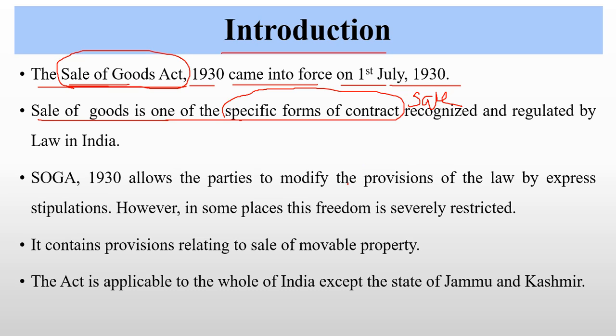The seller transfers ownership of the goods to the buyer, and the buyer purchases the goods from the seller. So this is a contract between buyer and seller, and the contract is of sale. Sale of what? Sale of goods.